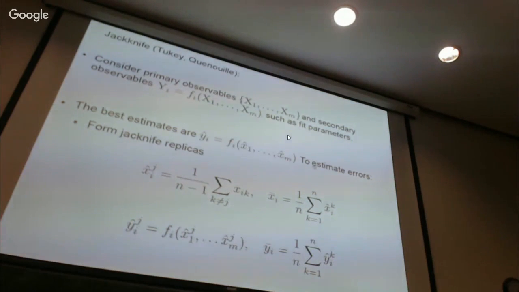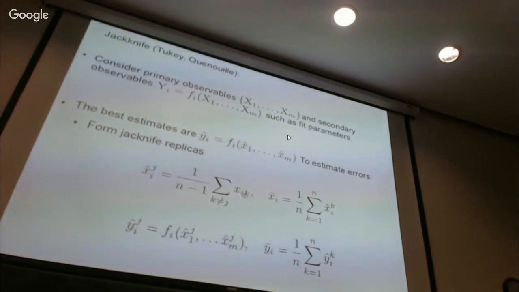Okay. So here's how Jackknife works. We form these Jackknife replicas of the sample means. Now this is a bit of a strange notation, maybe. Remember we had m different primary observables. Each one of those observables has n different measurements of it. So this first index, i, is the index that goes from 1 to m.